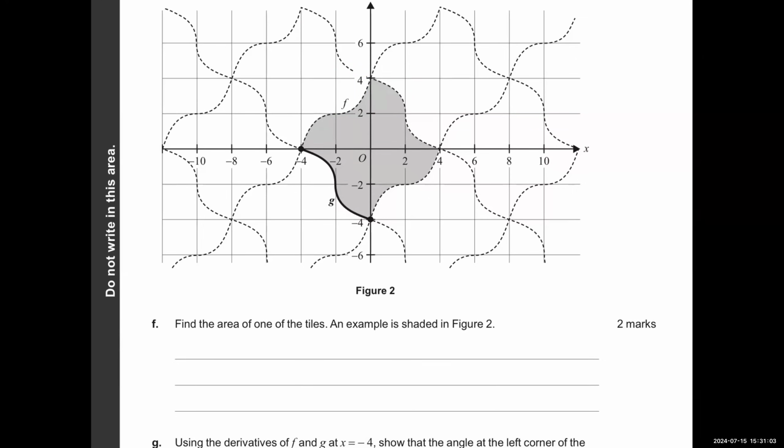So let me use some coloring to show you what I'm thinking. This gap can be tessellated by this bit here, okay? And this bit can be slammed here to fill up the gap. This bit and this bit.